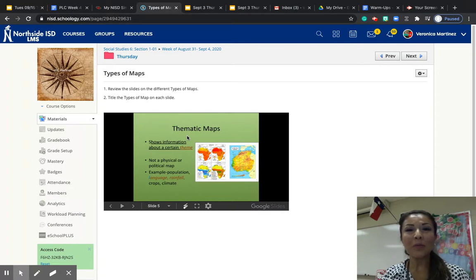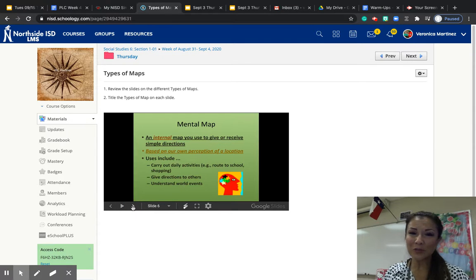It could be talking about population density. It could be talking about language or reading or the amount of people that vote, the amount of people that play sports in that country. It could be so many different things, but it's basically only focusing on the theme. Okay? You may see cities and states, but that doesn't mean that it's political. So you would want to look at your key, and your key will give you some information.